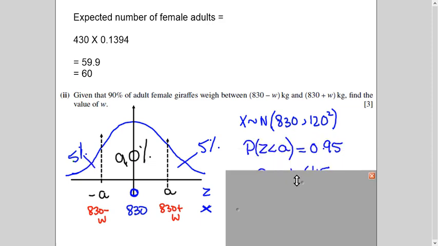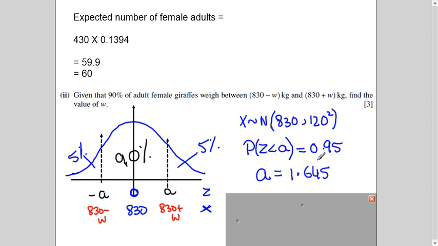Now, if I find out this value of A in terms of Z, I know the probability left hand side of this A is 95. 90 plus 5 is 95. So I'm writing here probability of Z less than A is 0.95, right? I have gotten this from the understanding of this diagram.